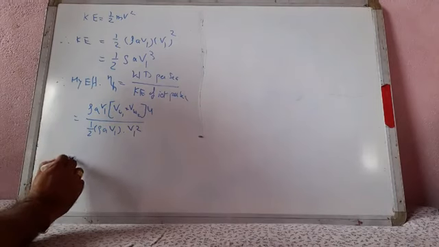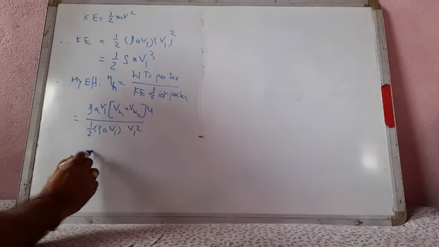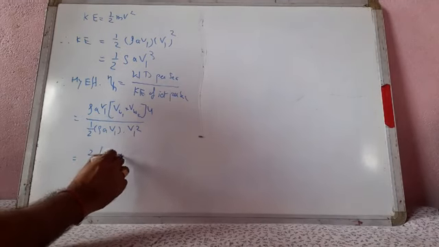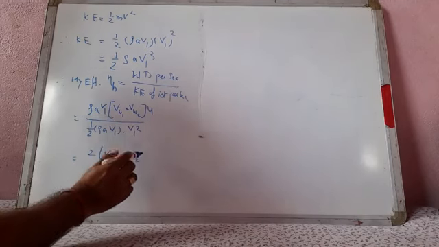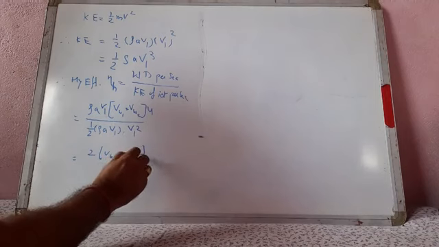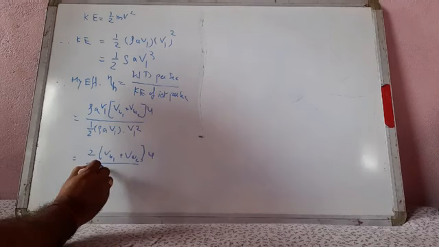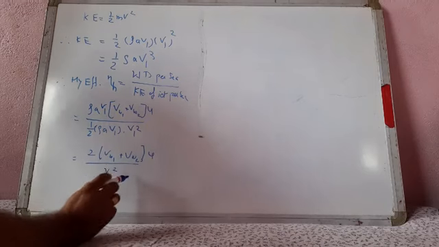So here this is 2 into (VW1 plus VW2) into U divided by V1 square.